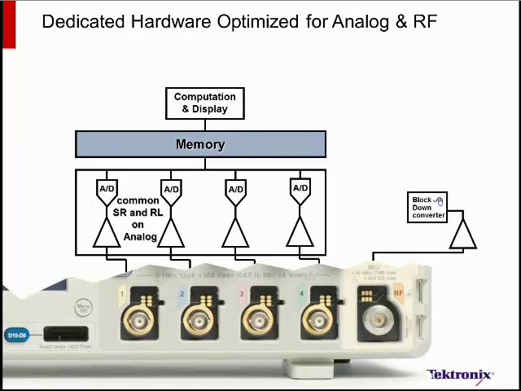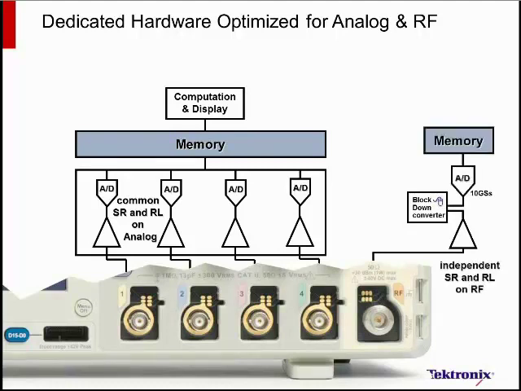Now, on the MDO4000, we also have a digitizer. We also have a block converter, depending on the model you purchase, be it a 3 gig or a 6 gig model. If it's a 6 gigahertz model, there's a block converter. If it's a 3 gigahertz model, there's no block converter. It goes into its own digitizer and then into memory.